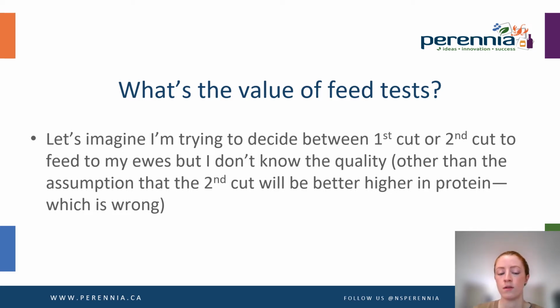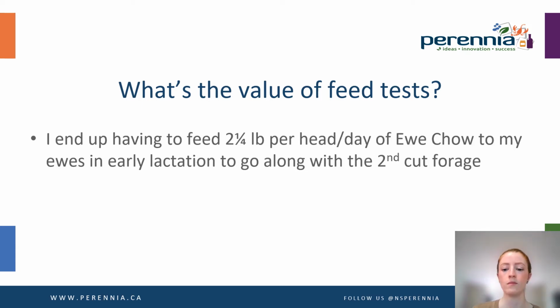Oops. So if I selected that second cut forage to feed to my ewes in early lactation under the assumption that it's got more protein, I'm going to end up having to feed 2¼ pounds per head per day of ewe chow to my ewes to go along with that second cut forage, to make sure that they are still performing how I need them to.